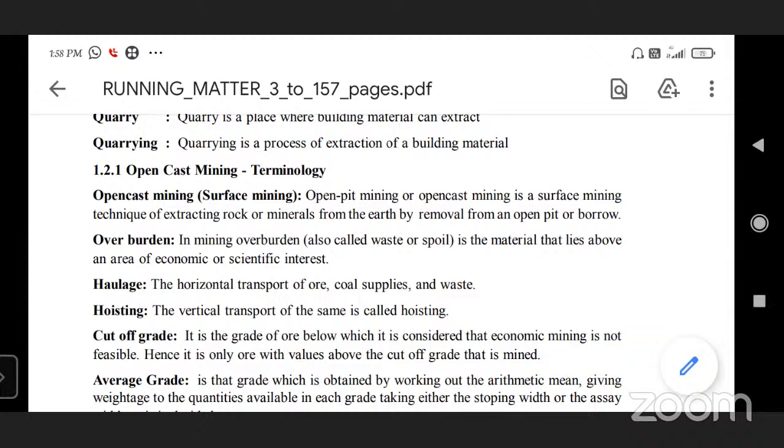And hoisting is the vertical transport of the same. So haulage is horizontal transport, hoisting is vertical transport.